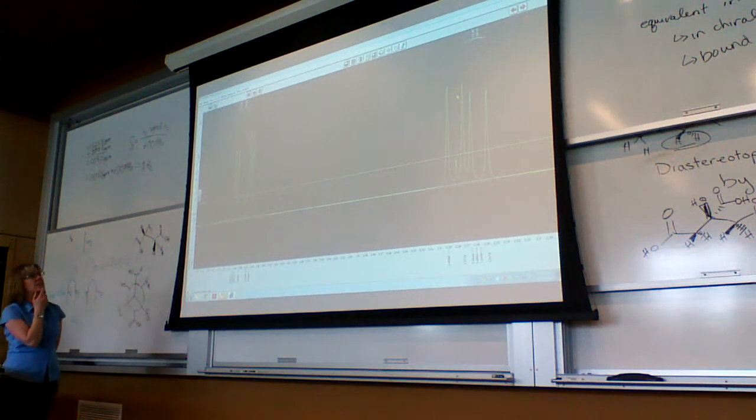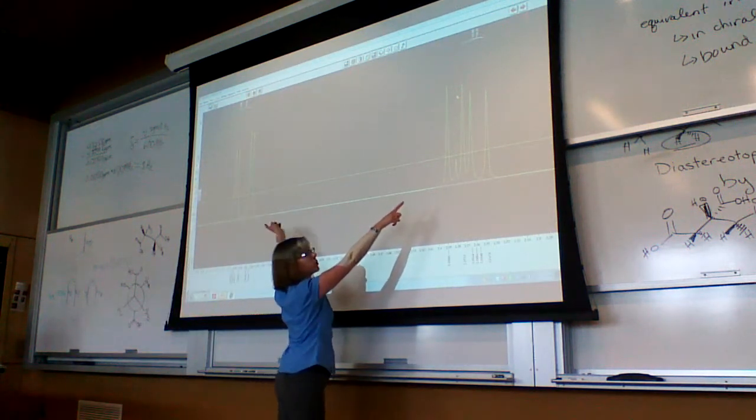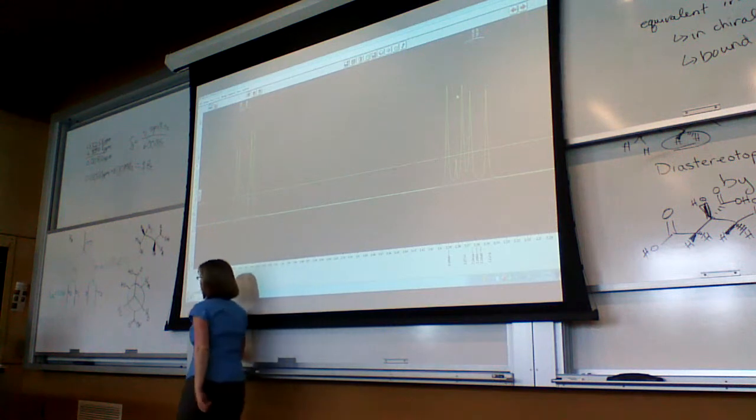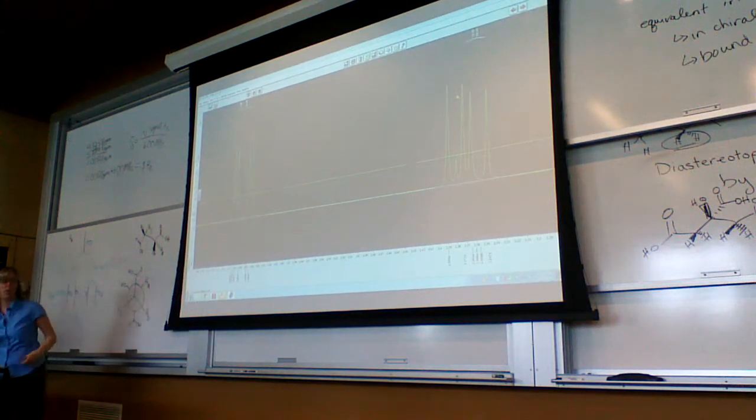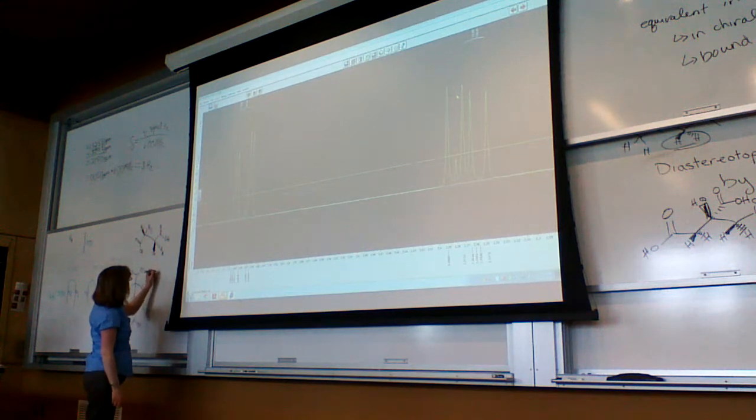So what this tells me, the 15.5 is the coupling between these 2 signals. So that's the coupling between B and C. So our JBC is going to be 15.5 hertz.